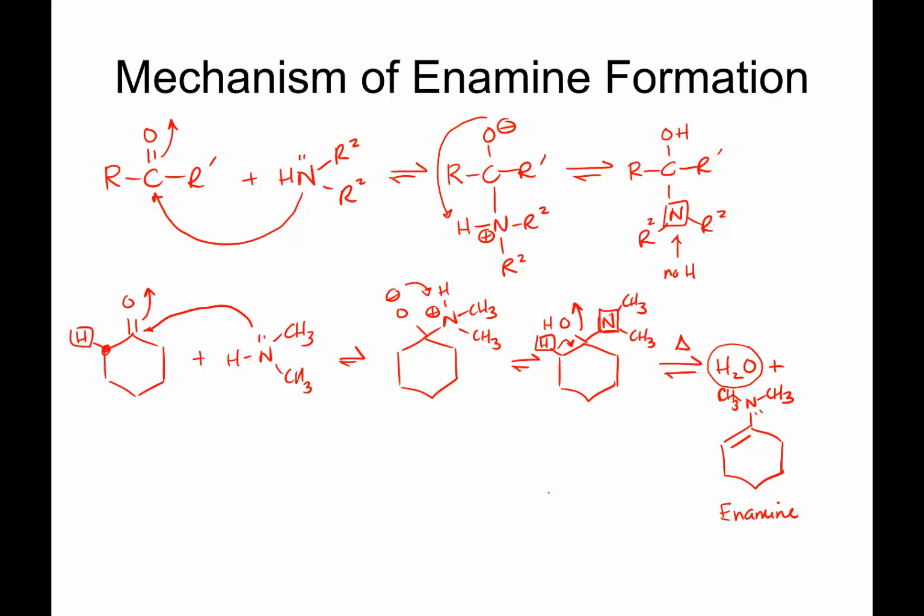Now, this could set up a situation where you might say, well, what if the two carbons are unsymmetrical? So let's say I have this cyclohexane and I react it with diethylamine. I could form two different products here.